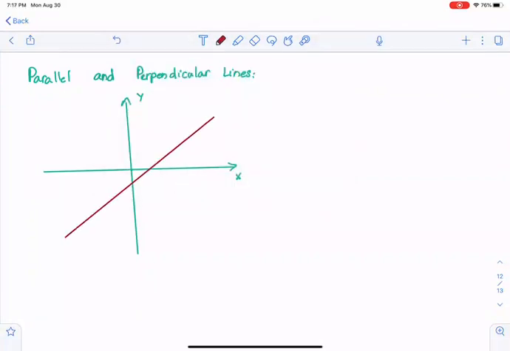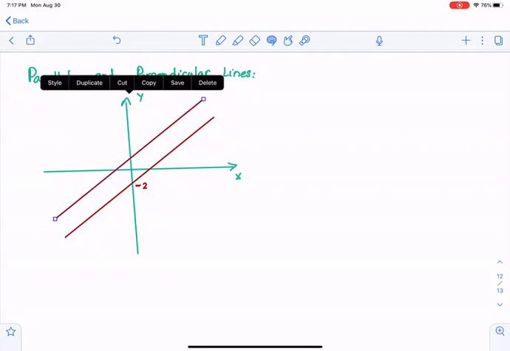Suppose I have a line of that sort, and let's say there is some intercept -2. If I want a line that is parallel to this line, whatever line that I have must be at the same slope as the original line.